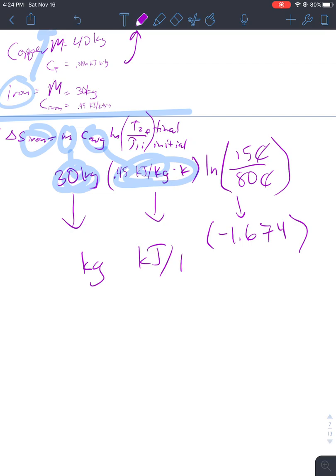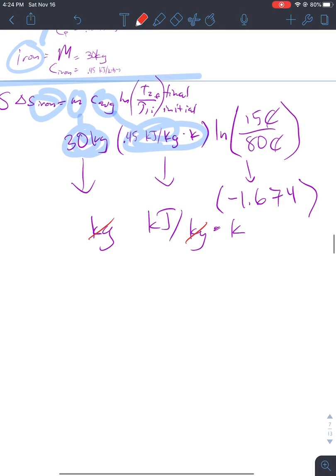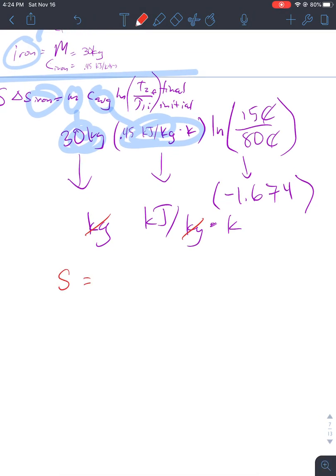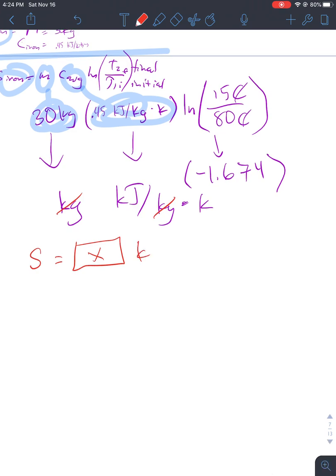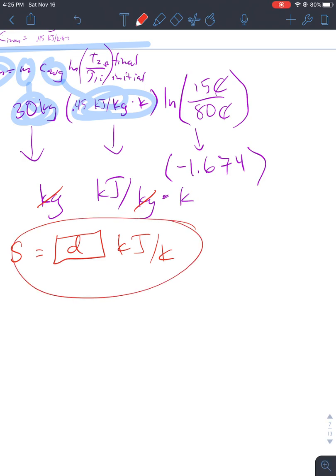Here we have kilojoules per kilogram times Kelvin. Kilograms cancel. And the entropy is equal to some constant, let's call that constant D, kilojoules per Kelvin. That's right, units match up.